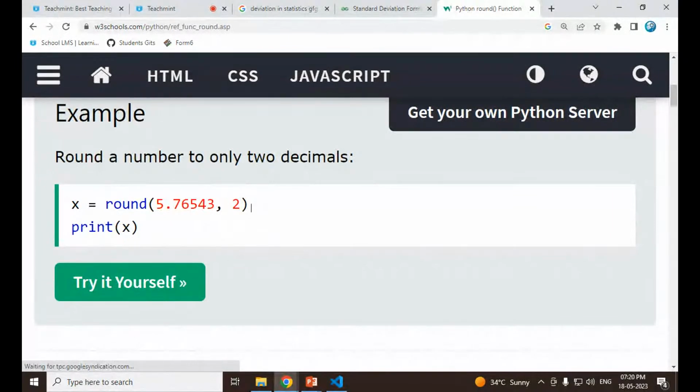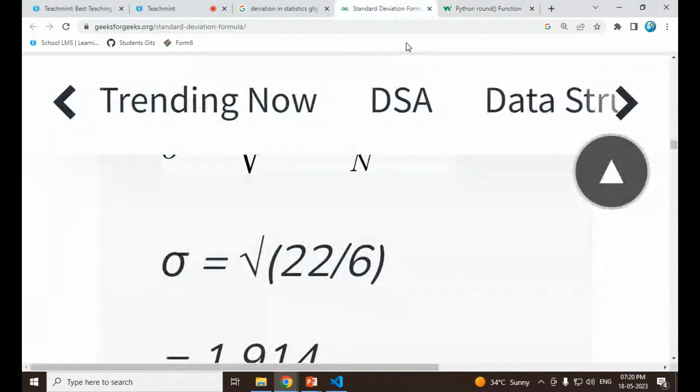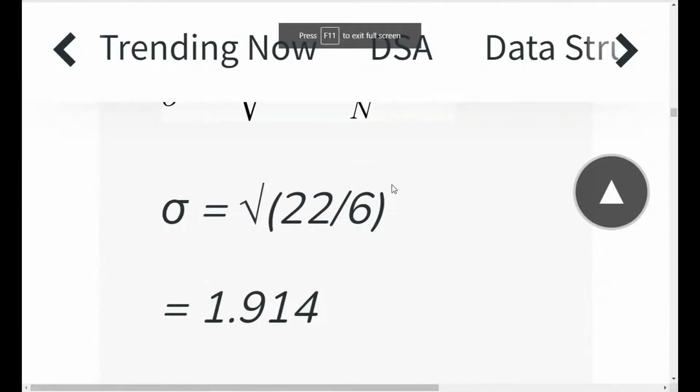Priya, look at this. Proceed. What is the answer? 1.914.